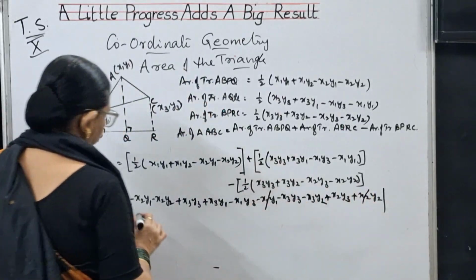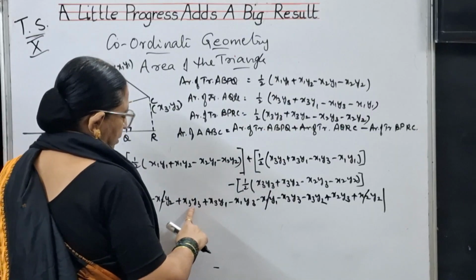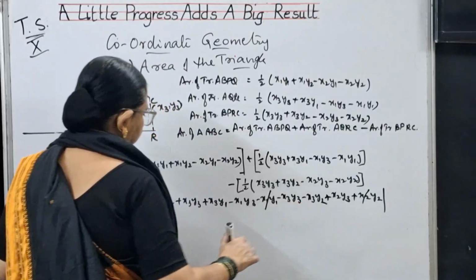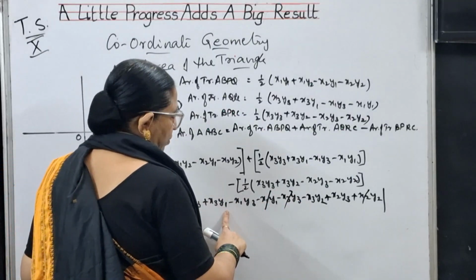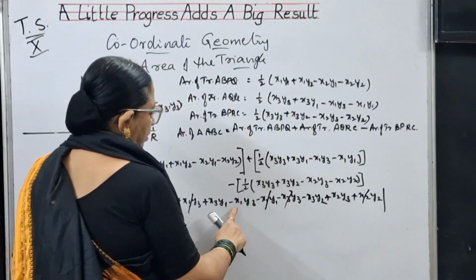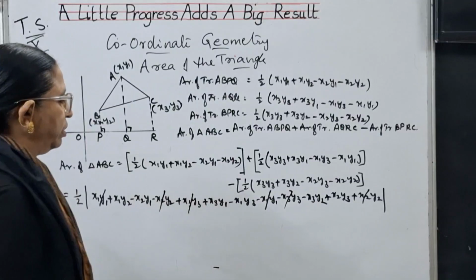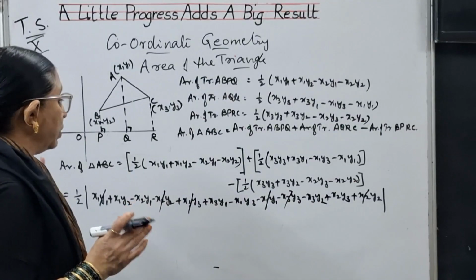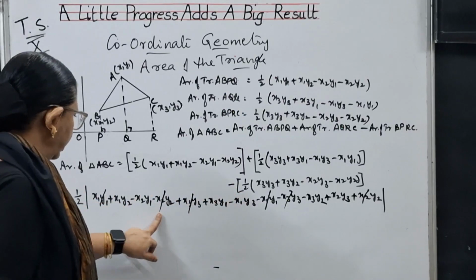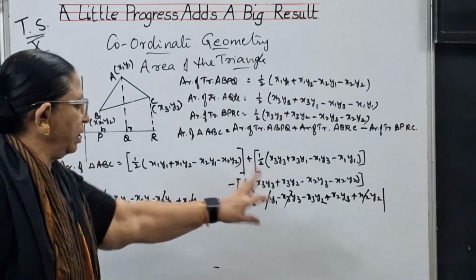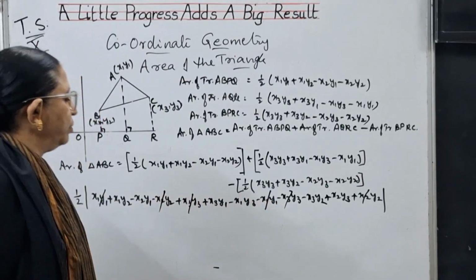Plus x2 y2. This we are cancelling. x3 y3, this is plus x3 y3 minus x3 y3. This also you have to cancel. Next, x3 y1. Is there anything? No. x1 y3, you don't have. x3 y2, x2 y3 also are left behind. So what are getting cancelled? x1 y1, x2 y2, x3 y3 are cancelling. So it is very convenient for you to remember.